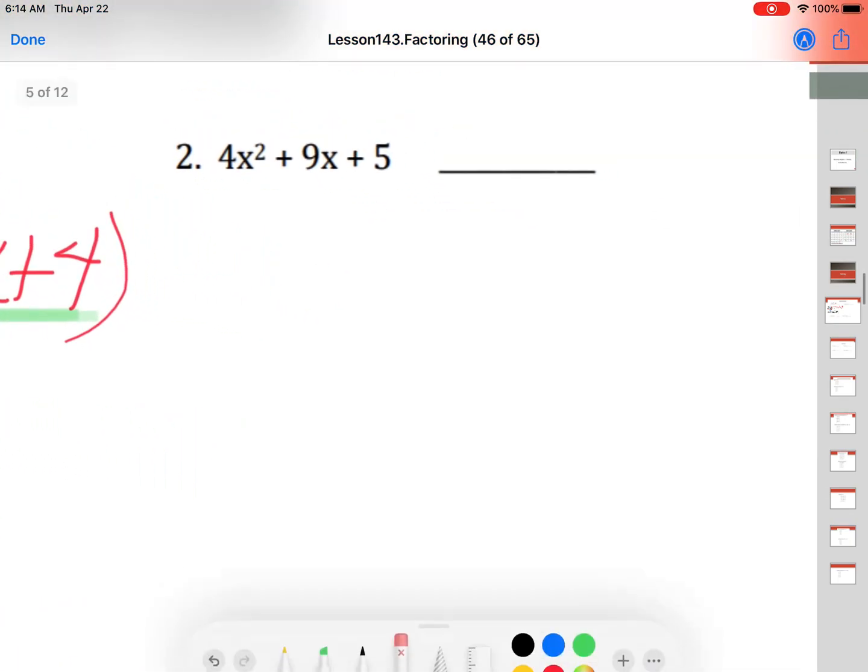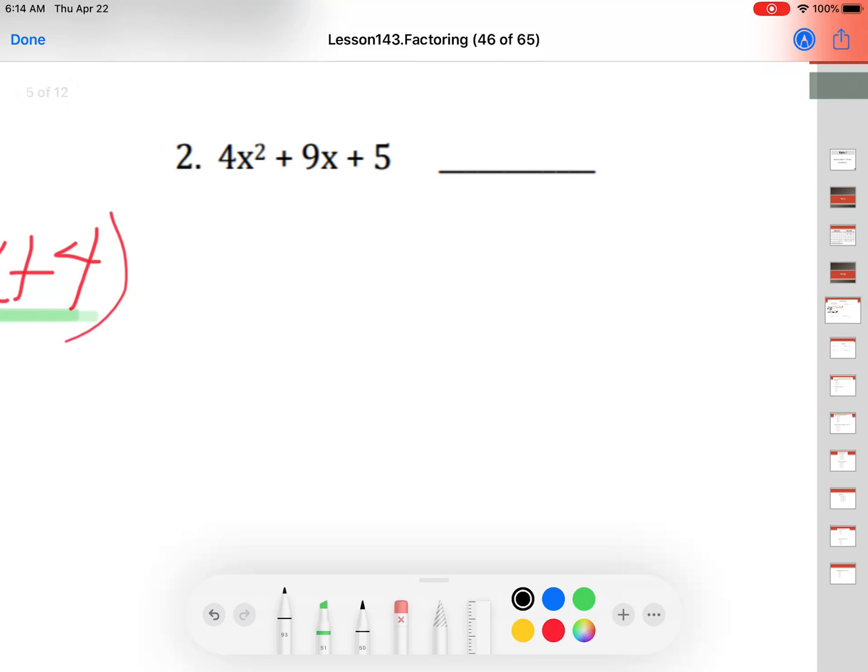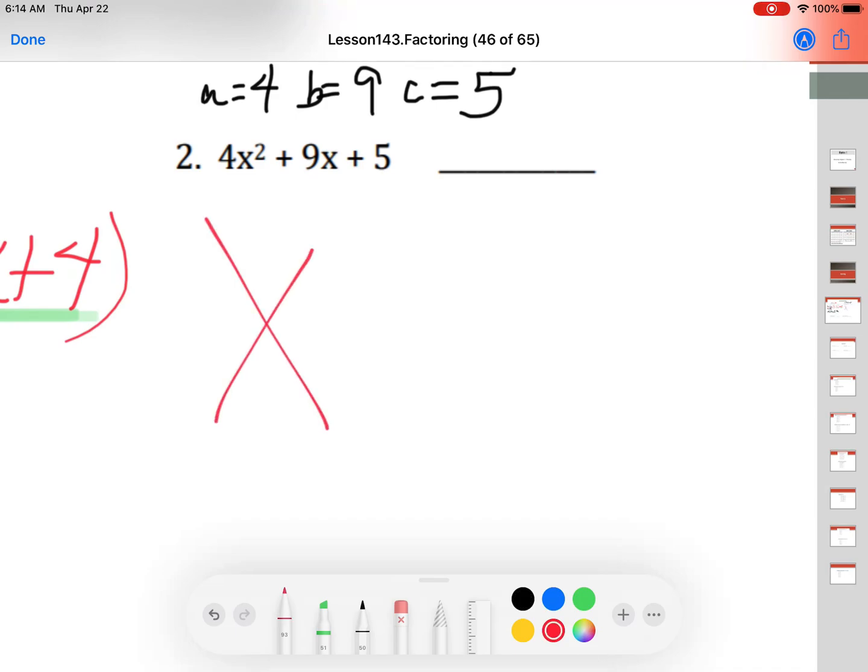So the first step, as always, is we need to label A equals 4, B equals 9, C equals 5. So I'm going to draw my x. My A times C goes on the top. A times C is 20.